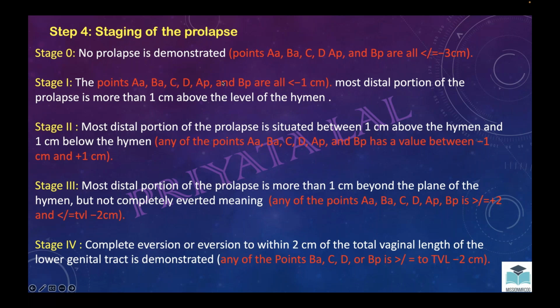When any of the points we are measuring lies between -1 to +1, it will be stage 2. In the picture that I have shown, we have a measurement of 0, because of that I said that it is a stage 2 prolapse.